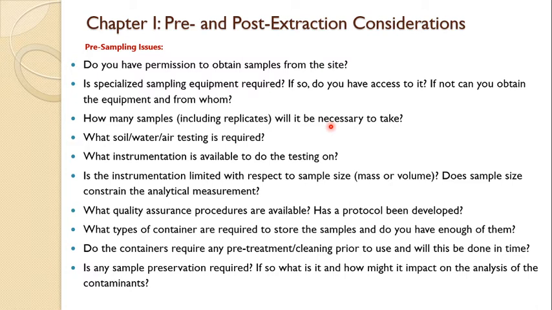You only collect that, but which type of analysis you want, that type of instrument must be available with you or in your lab. First you have to decide. Then, is the instrumentation limited with respect to the sample size, that is mass or volume? Does the sample size affect the analytical measurement?